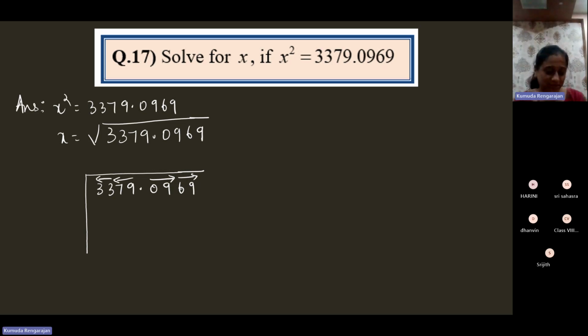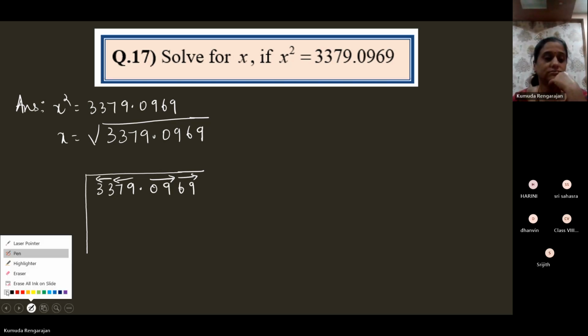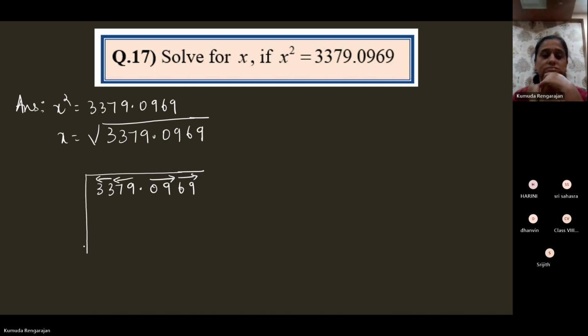Let me also check with my calculator now. 3379.0969. Yeah. What you just announced is wrong. Check. Did you get remainder 0, Navneet, and others who gave that answer?